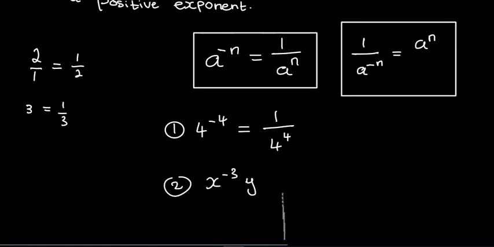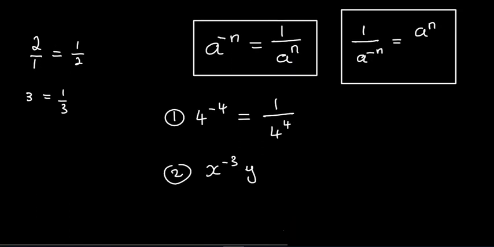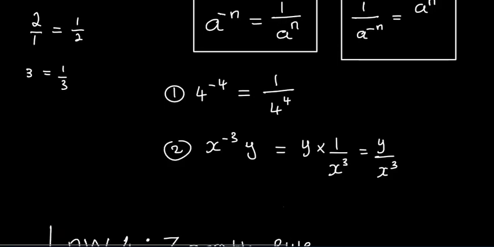So it means that this can be written as y will remain at the top, right? But then it's the same as saying y times 1 over x to the exponent of 3, which will give rise to y over x to the exponent of 3. So that's how we sort out all those negative exponents.